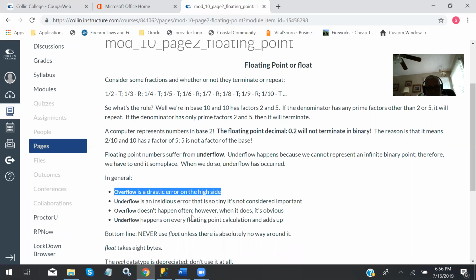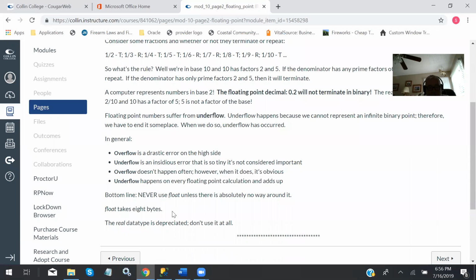Overflow doesn't happen very often. When it does, it's in your face. It's obvious. Underflow happens on almost every floating point calculation and adds up. Bottom line is you never use a float unless there's no way around it.